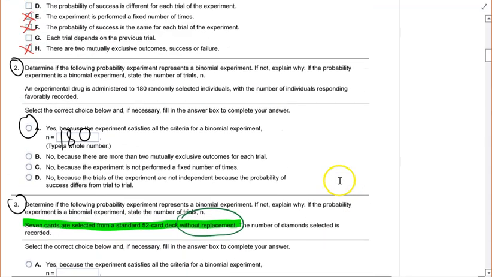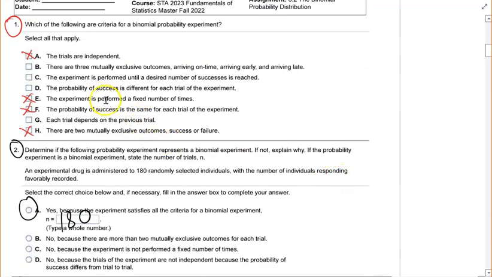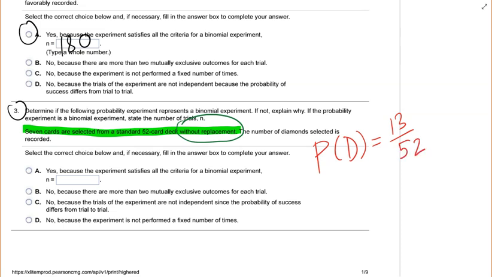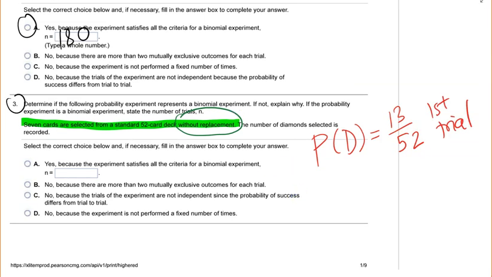No, because the probability of success is not the same for each trial. For example, remember that if you get a diamond, that's the success. What's the probability of getting a diamond in the first trial? How many diamonds? 13 divided by 52, right? That's the probability of getting a diamond in the first trial. In the second trial, what happens?